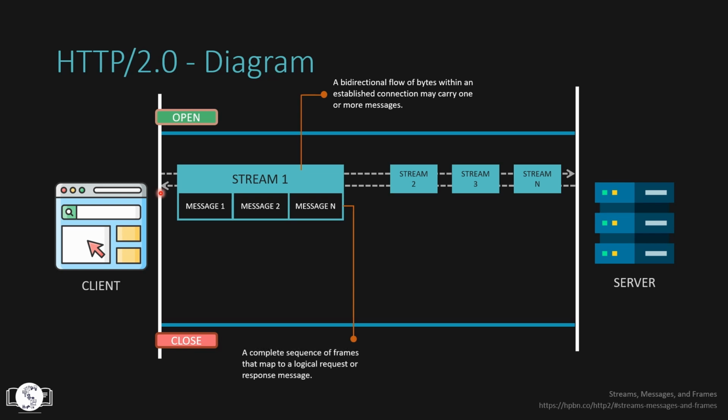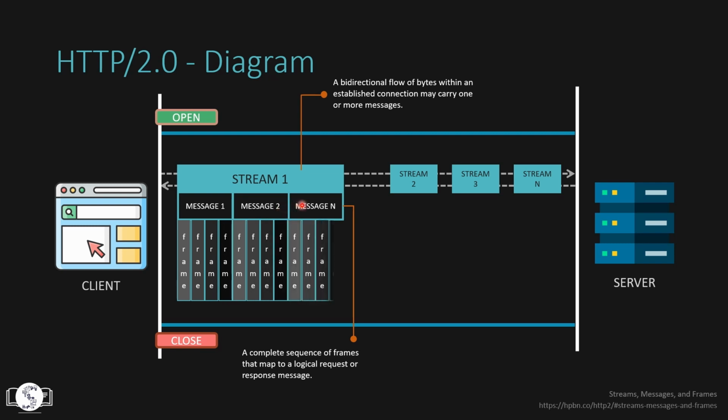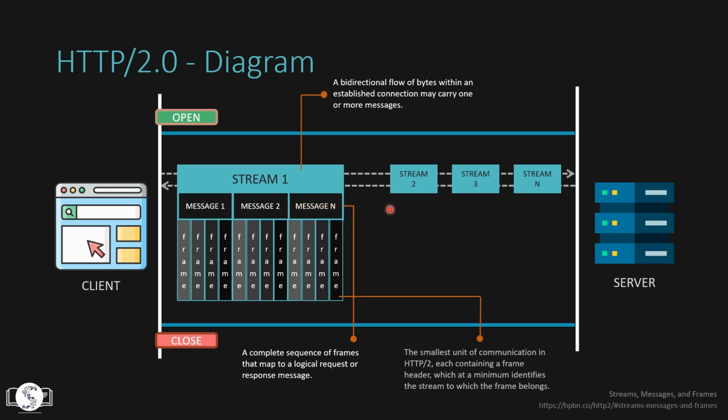Each stream consists of multiple messages in the familiar request or response format. Finally, each of these messages is split into smaller units called frames. The frame is the smallest unit of communication that carries a specific type of data, like HTTP headers, message payload, and so on. And each frame will be tagged with the stream ID.